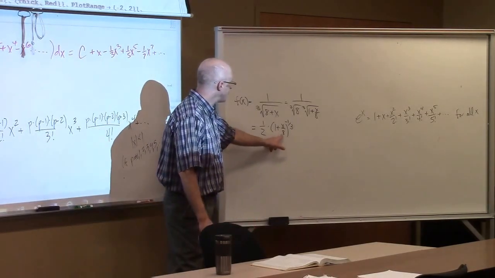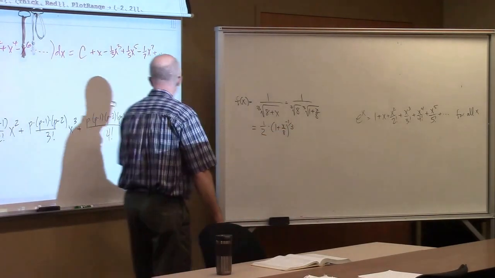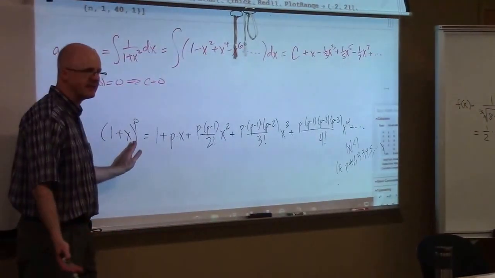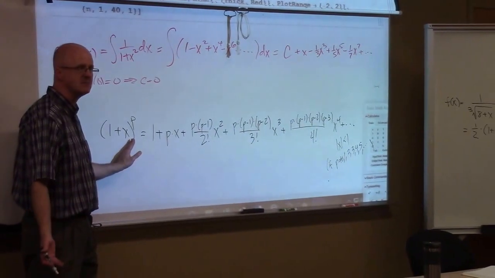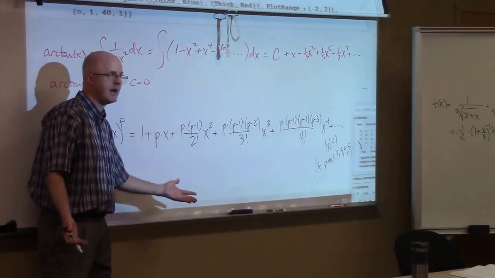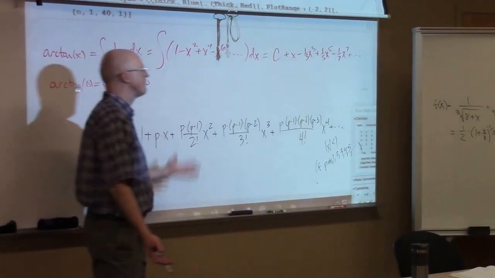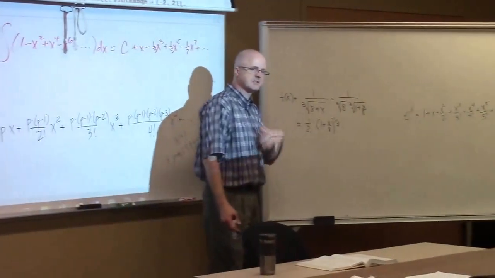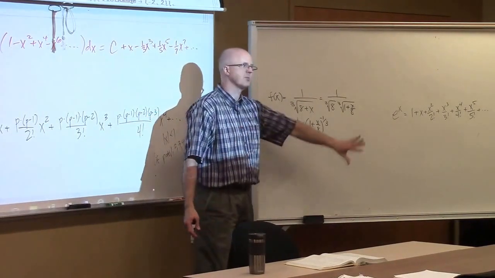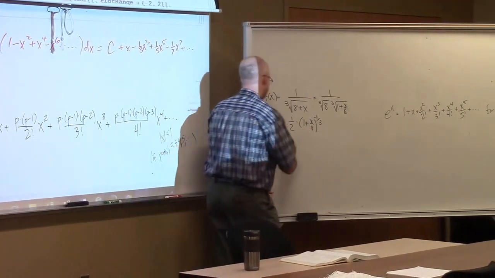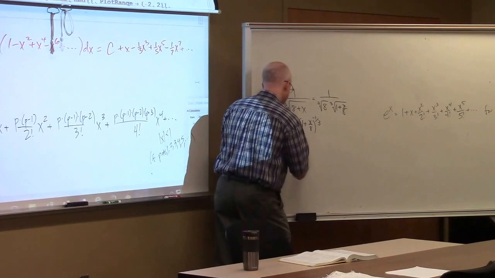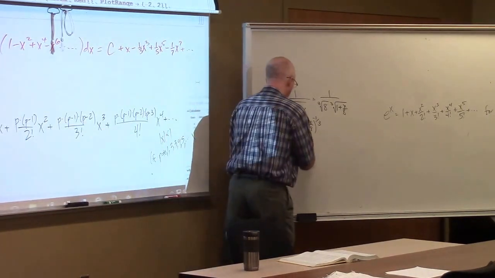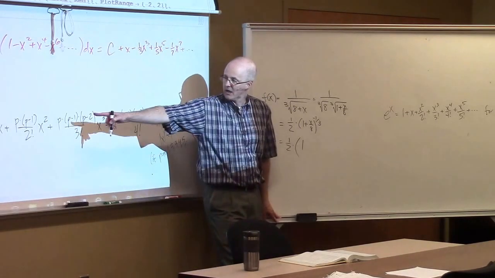Now this thing, 1 plus x over 8 to the negative 1/3 power, is pretty similar to this, except it's an x over 8 instead of an x. That's okay. You just use this formula with x over 8 in place of x. P is negative 1/3. The 1/2 is just in front. It just gets carried along, and then we can multiply it through at the end. So this is going to equal 1/2 times, in parentheses, look at this formula on the board, 1 plus p times x.